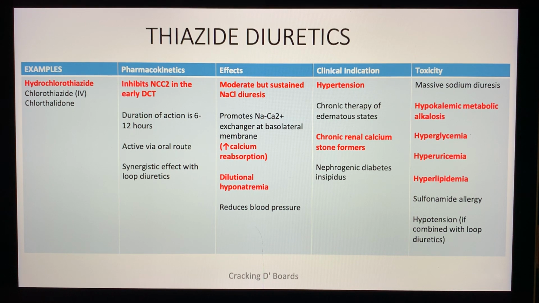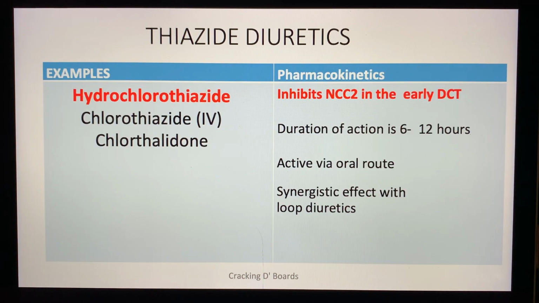Now, toxicity, there's massive sodium diuresis, hypokalemic metabolic alkalosis, hyperglycemia, hyperuricemia, hyperlipidemia. And don't forget, it's also associated with your sulfonamide allergies. And be cautious about the hypotension when combining thiazides with your loop diuretics.